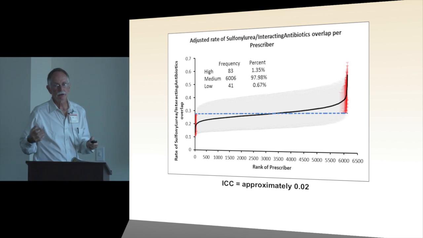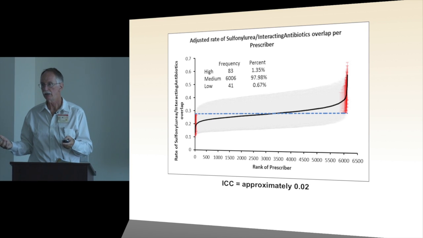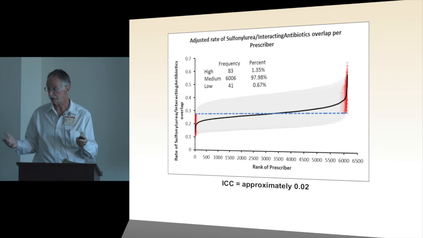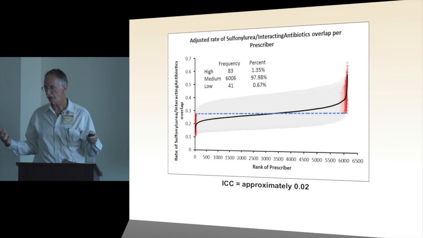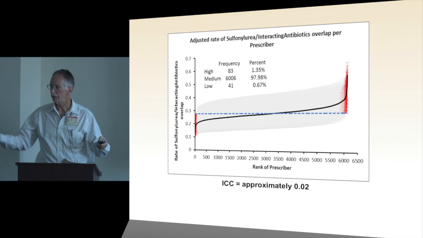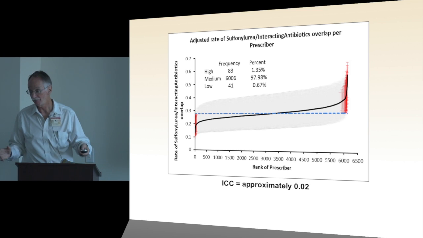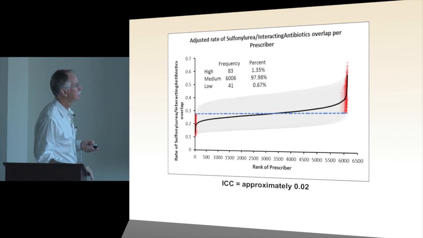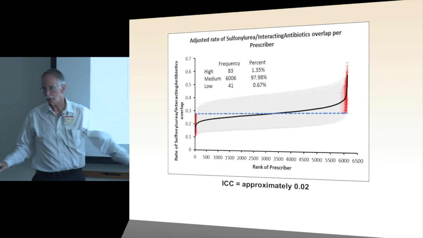And CMS published data on variation in antibiotic prescribing in the U.S. geographically, and there is not huge variation, but there's measurable variation. South, typically with anything like that, South has more antibiotics. I don't know why. But anyway, the thing here, ICC 0.02.